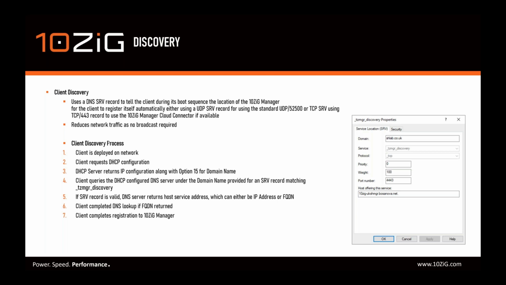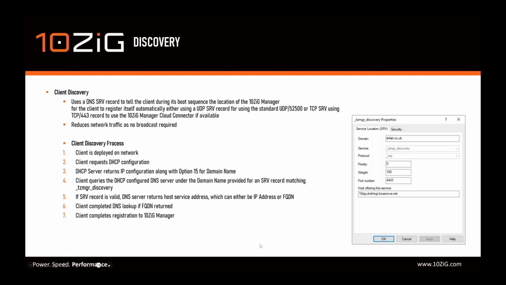The client then queries the DNS server for a specific record called _TZMGR_discovery. If that is valid, it returns the address within the record, and the client will complete its DNS lookup if required using an FQDN, and once that is resolved, it will register itself automatically with the manager.